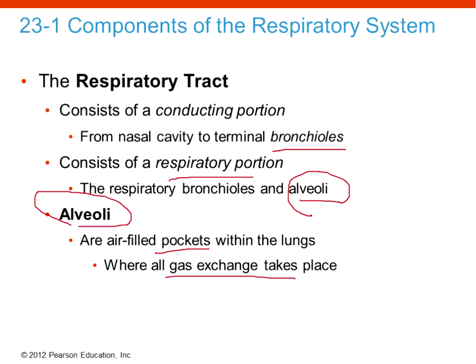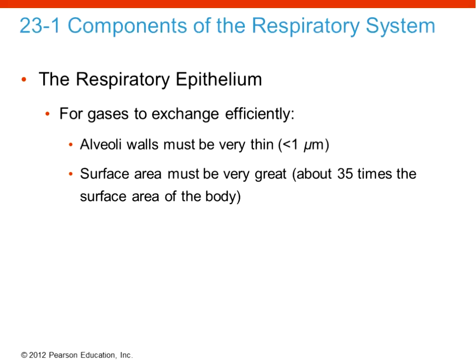If you recall, way back in AP1, one of the first slides you looked at under simple squamous epithelium was an example from the alveoli of the lungs. You can see the simple squamous lining this area, and we'll talk about how that really thin lining is what allows this oxygen and CO2 to diffuse across this membrane as we look at that diffusion a little bit later. Okay?